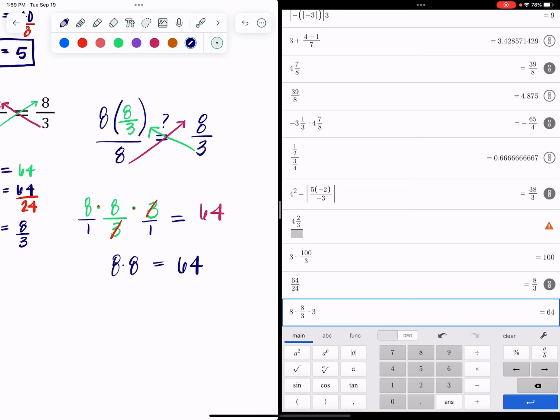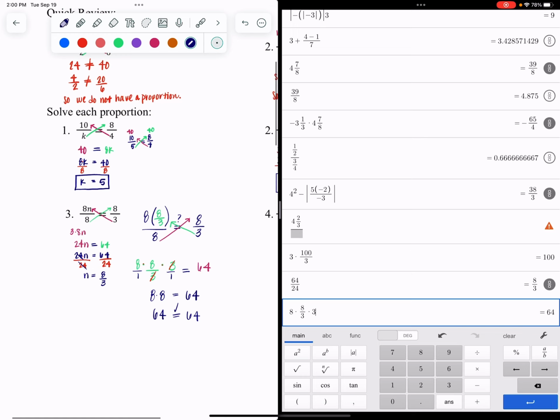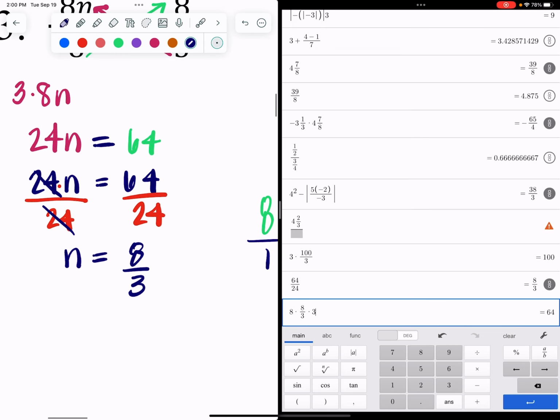Well, I know 8 times 8 is 64. And 64 is still 64. This works. So we have a proportion where our missing variable has an exact value of 8 over 3.